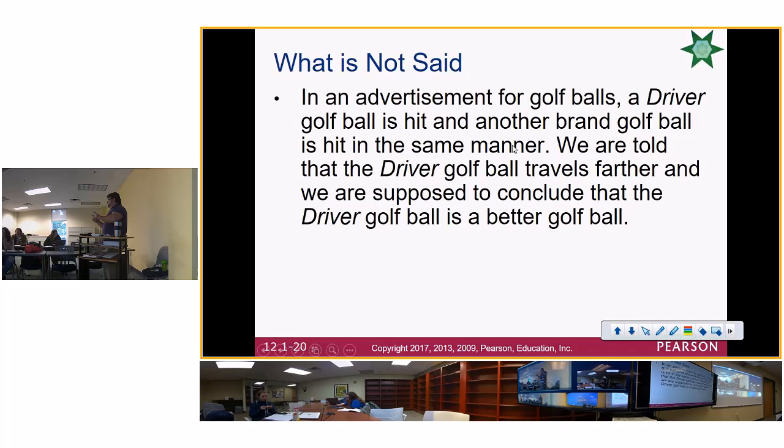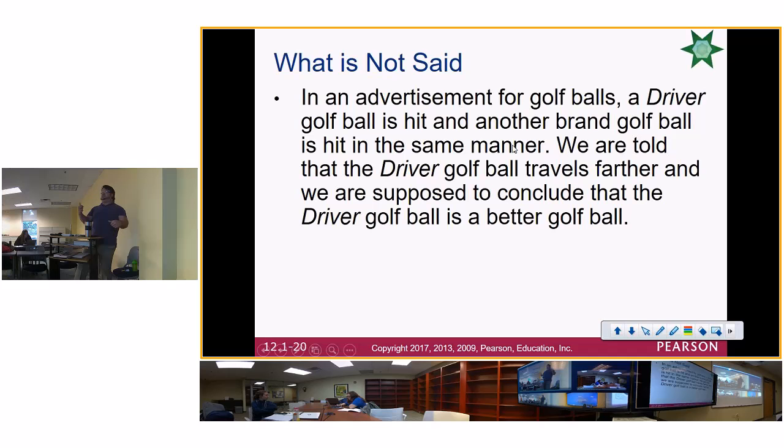We are told that the driver golf ball travels farther, and we are supposed to conclude that the driver golf ball is a better golf ball. Do you know how many things go into a traveling golf ball? Anybody? A ton. At least 5 different things. How many dimples are on the golf ball? The dimples cause air resistance, which keeps it from slicing or what?